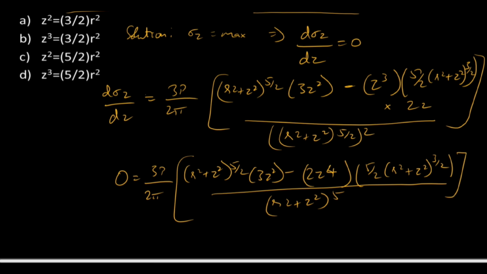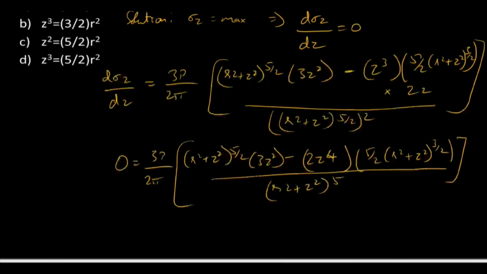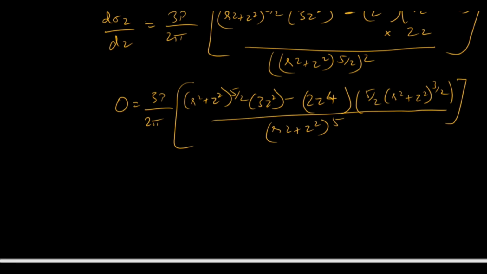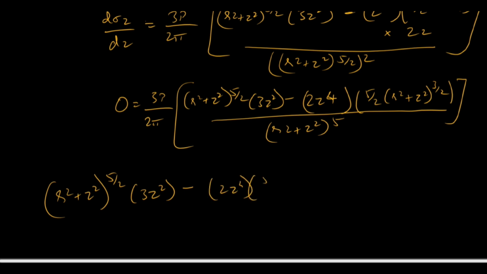So if we take 3p by 2 pi and r square plus z square power 5 to the left hand side, it will become 0. So we'll take r square plus z square power 5 by 2 into 3z square minus 2z power 4 into 5 by 2 r square plus z square power 3 by 2 will be equal to 0.